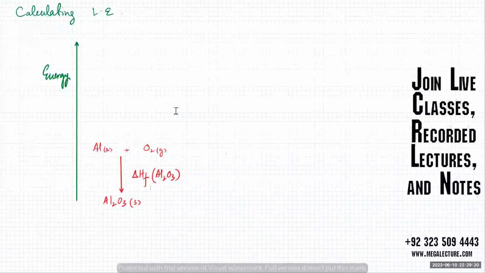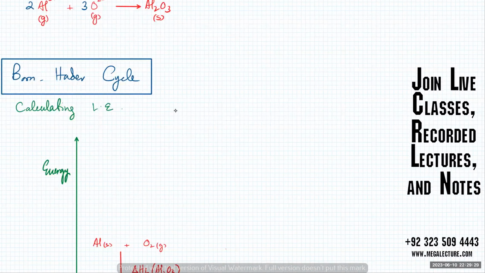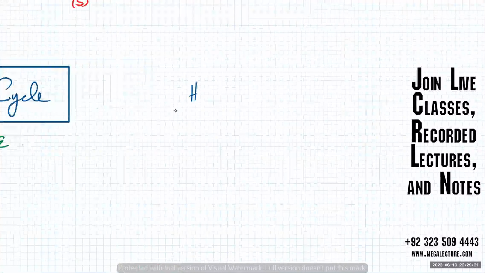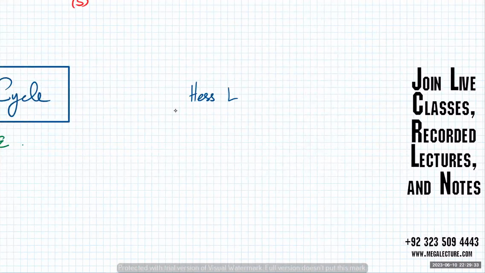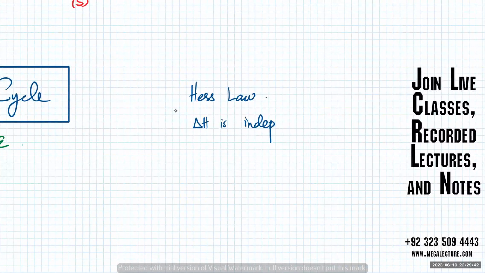So you know the Hess cycle, right? One path being equal to the other path. I'll write down Hess's law: the Born-Haber cycle is basically Hess's law, which was what? That enthalpy change is basically independent of the path taken.